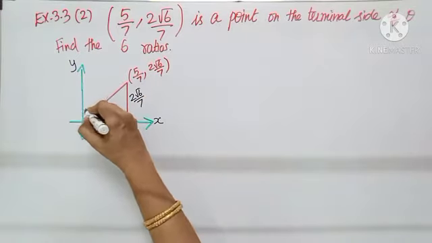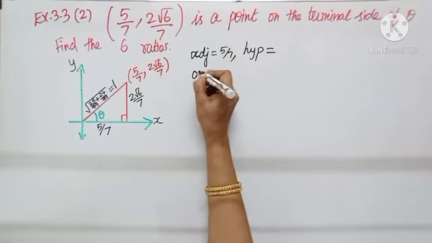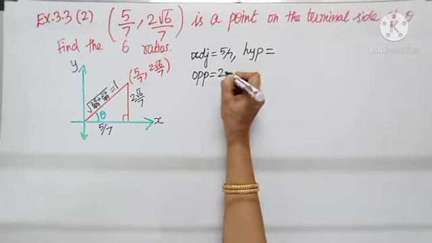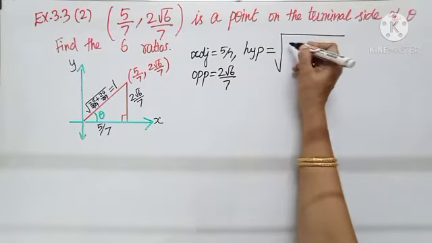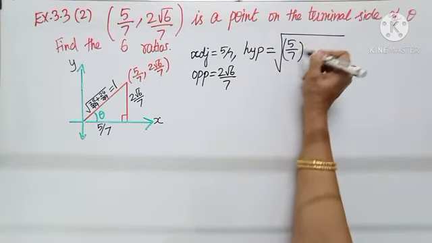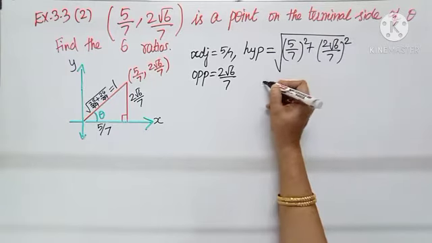So find out the hypotenuse. Adjacent side 5/7, opposite side is 2√6/7. How to get the hypotenuse? Square root of (5/7) the whole square plus (2√6/7) the whole square.